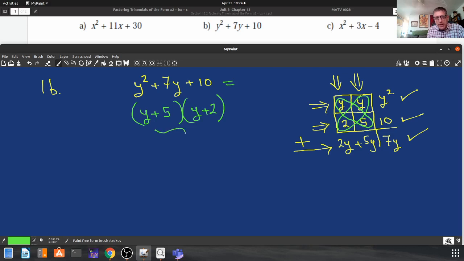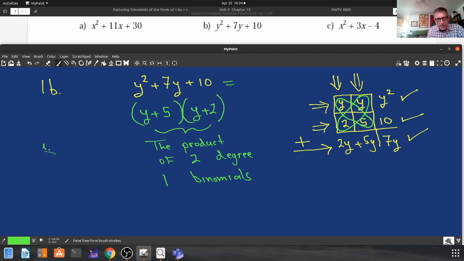Notice the factorization is the product of 2 degree 1 binomials. And that's always going to be the case. When we factor a degree 2 term into the product of 2 non-trivial factors, each one of those factors is 1 degree less than the original.